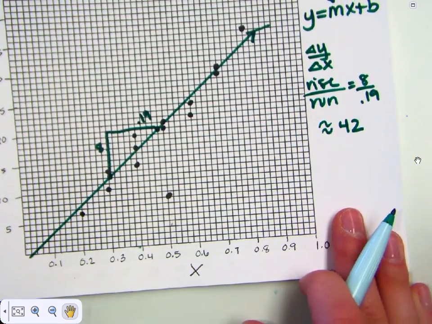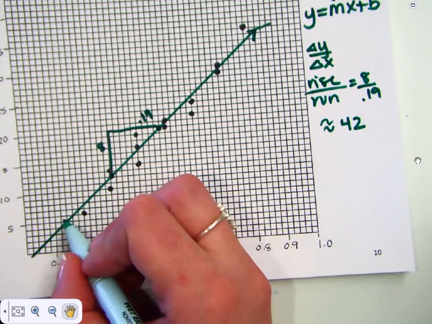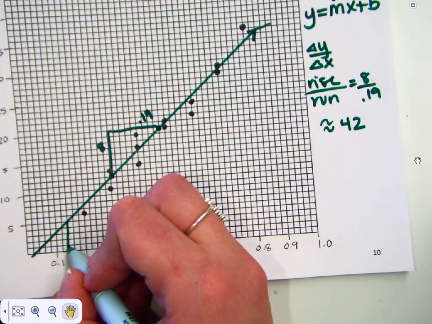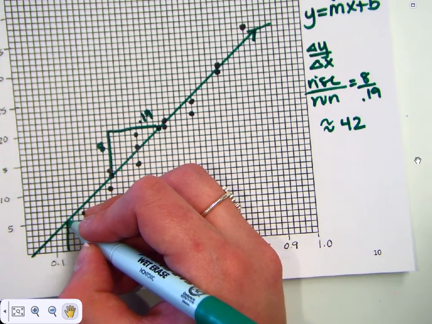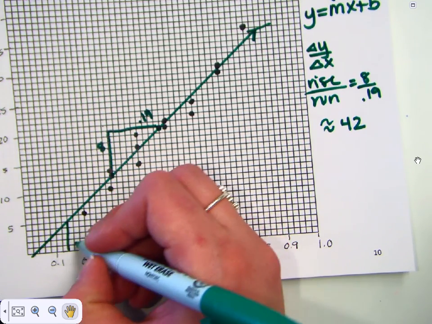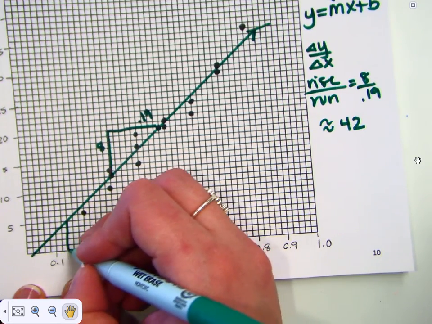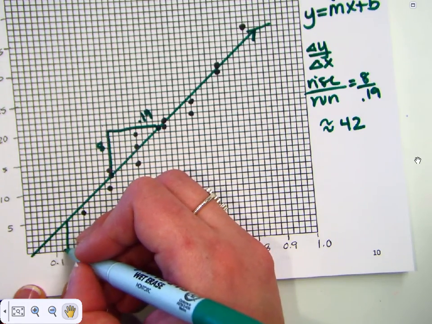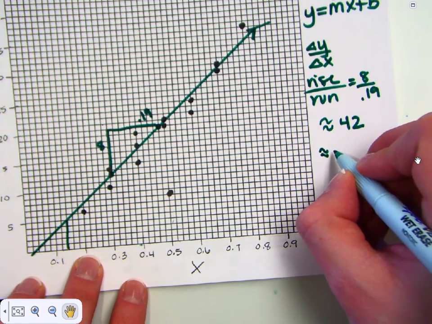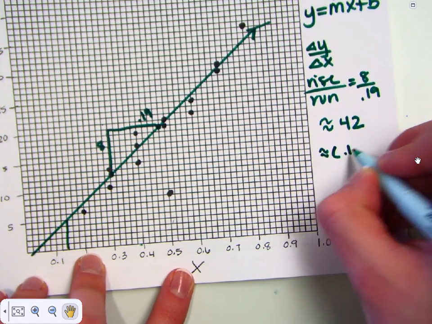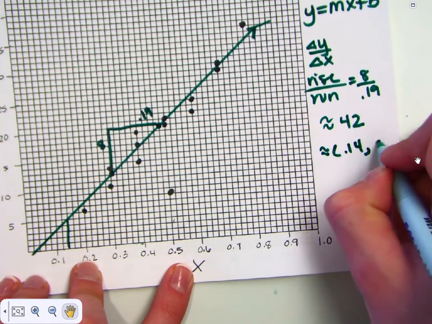If you remember, in order to find the y-intercept of an equation, we need to pick a point on the graph, on our line. This line seems pretty good. This point is about 0.14, and y is 5.